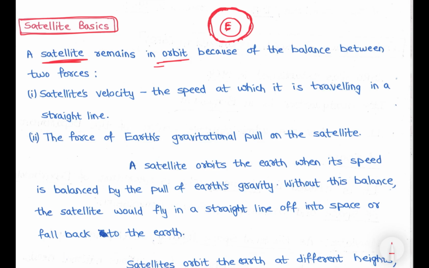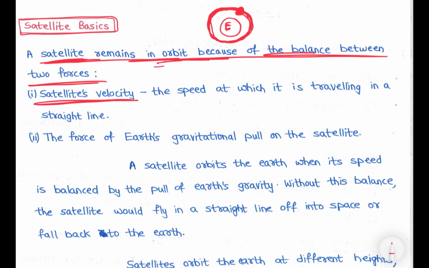So artificial satellites भी लगा के Earth के घूमेंगे, and with that we can do many things with satellites. वो भी आगे, what satellites do, all these things we will be studying. To roam, to revolve in the orbits: ऐसा नहीं है कि उस orbit में रख दिया तो satellites घूमेंगे. भाई, satellites need to have certain speed. So a satellite remains in orbit because of a balance between two forces. We need a balance of two forces: the satellite's velocity, that is the speed at which it is traveling in a straight line.